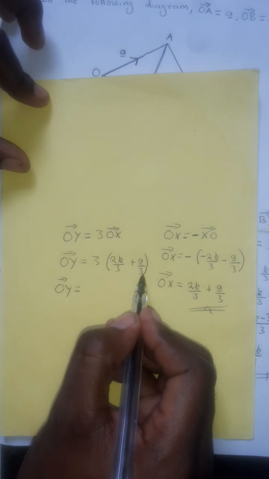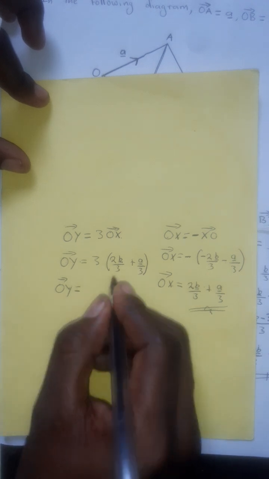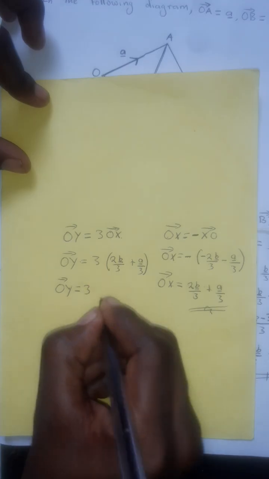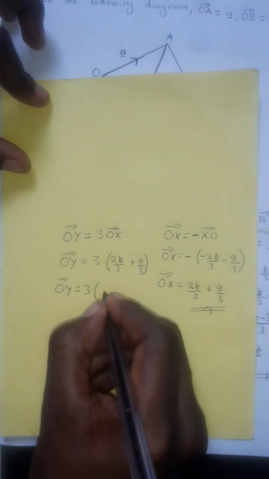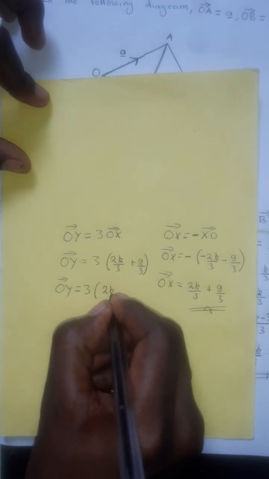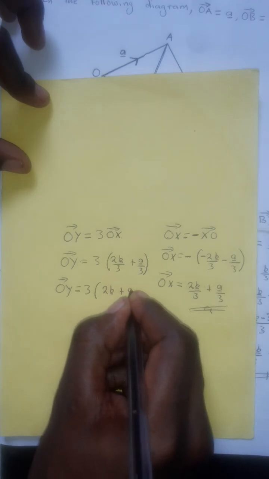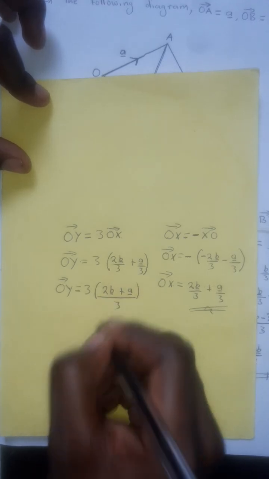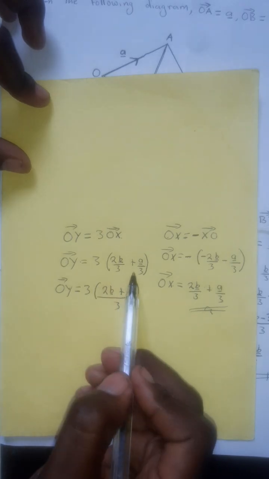This is the most common mistake that pupils make. So 3 open brackets, 2 vector B plus vector A, everything over 3. It's the same as this.